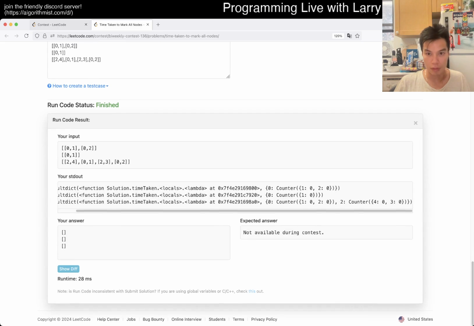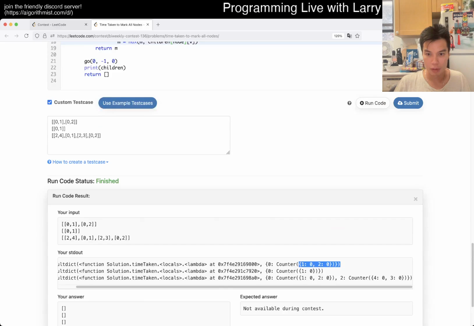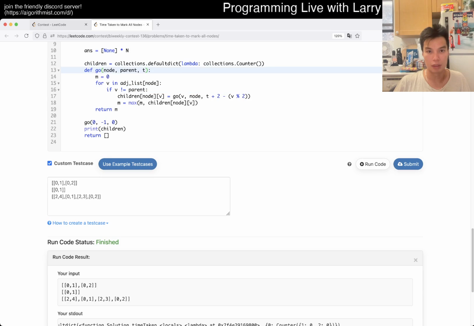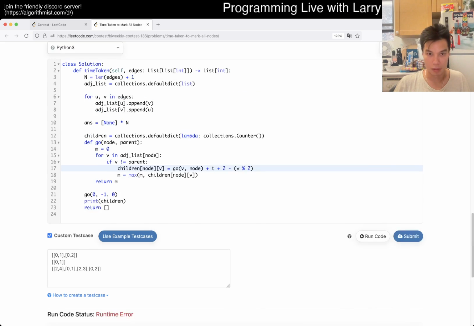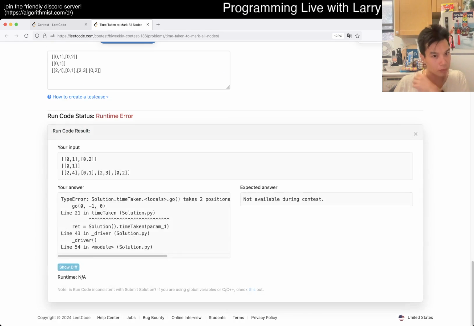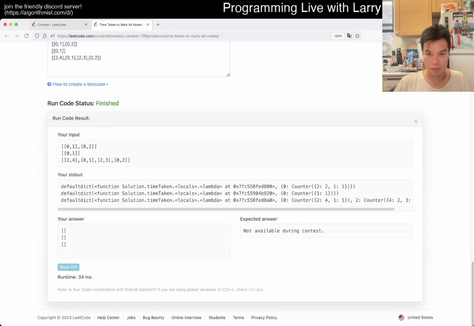Okay, so 0. That's not quite right. So this is 1, then. Oh, whoops. I put it here by accident. Well, I don't know if it's by accident, but either way, I had it the other way, I suppose. Oh, there's no 2.